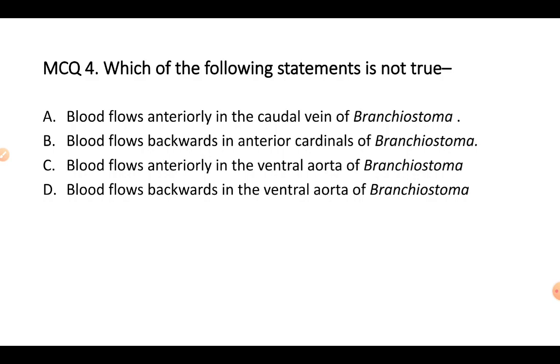Then blood flows anteriorly in ventral aorta. Is it true? Yes, it is true, because from sinus venosus the blood flows anteriorly in the ventral aorta. Blood flows backwards in ventral aorta of branchiostoma is the wrong statement, which is not true. So the option is answer D.